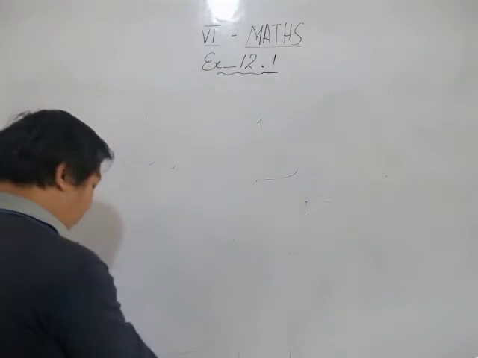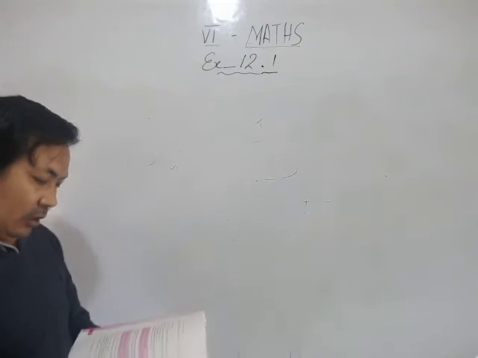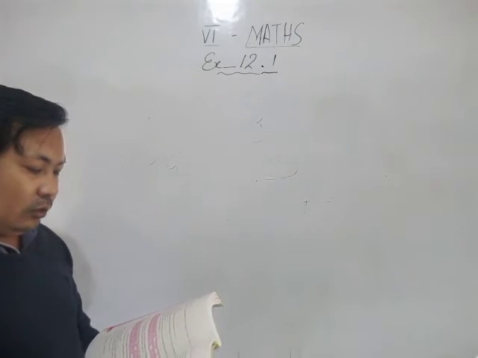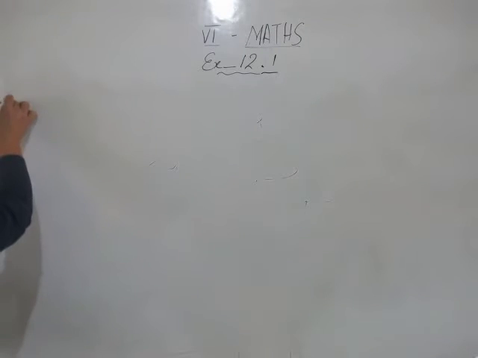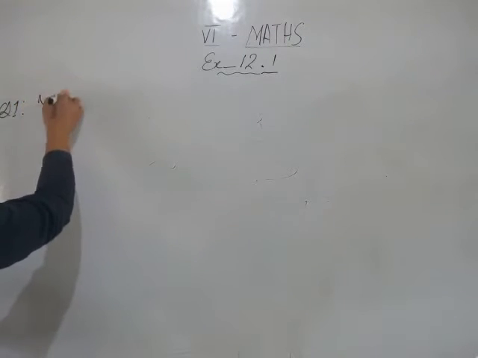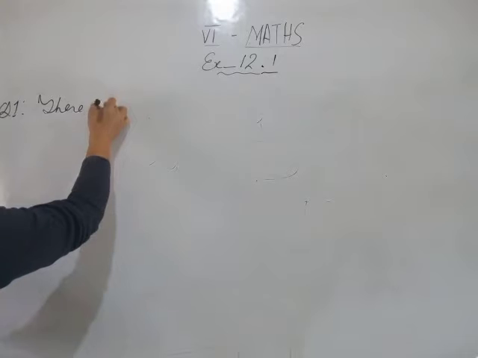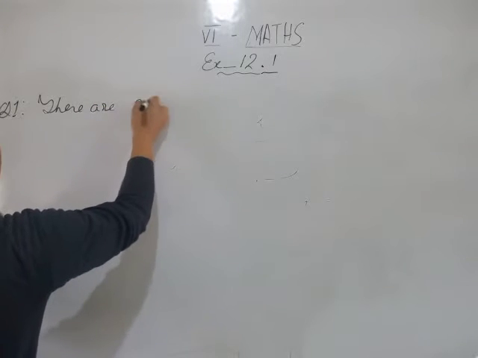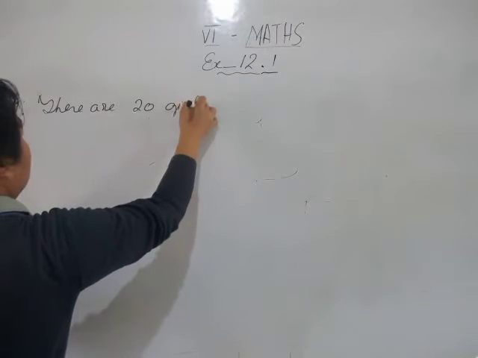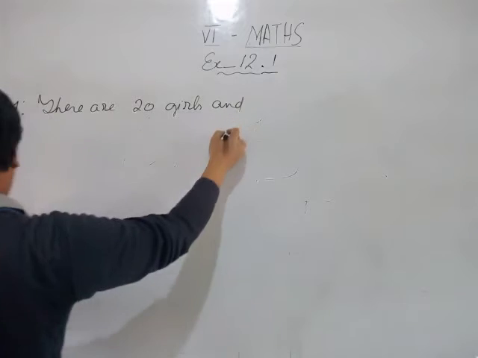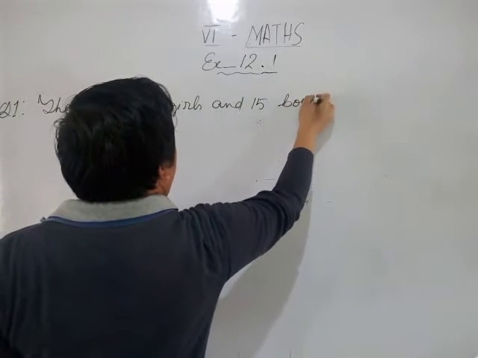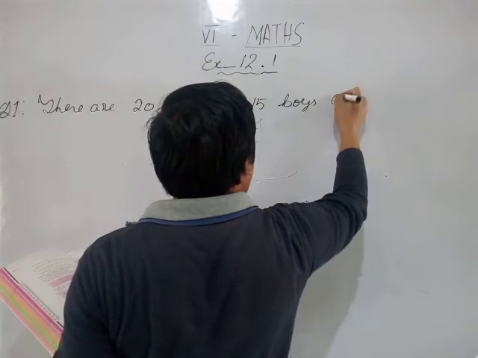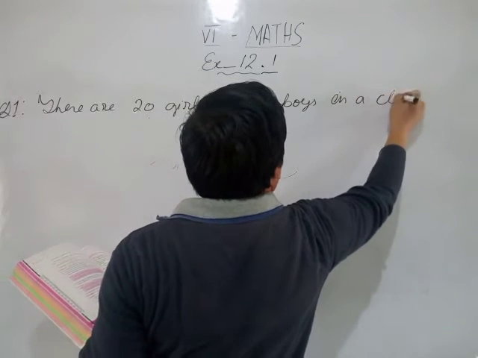In exercise 12.1, question number 1 says that there are 20 girls and 15 boys in a class.